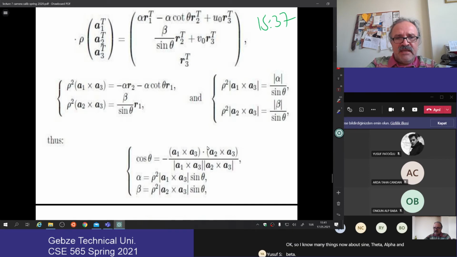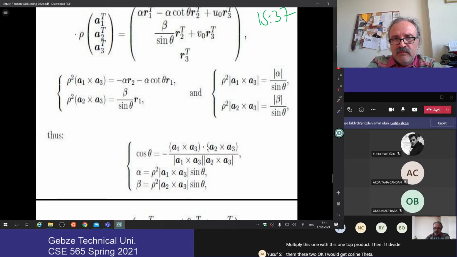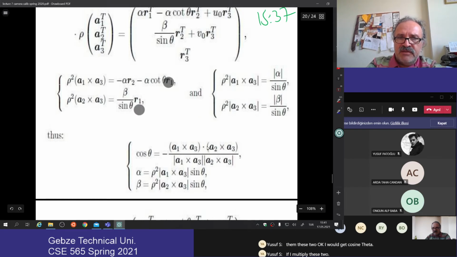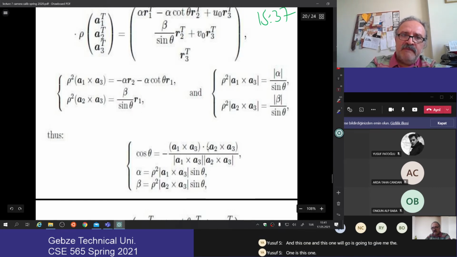Okay, so there is another trick here. If I multiply this one with this one, dot product, and if I divide them, I would get cosine theta. If I multiply these two, these will cancel out, and this one is going to give me 1.